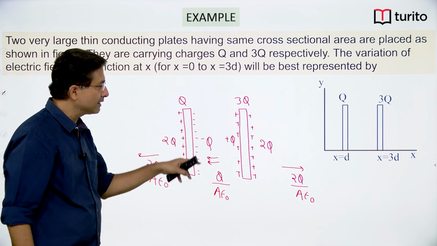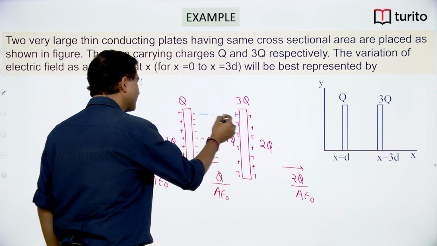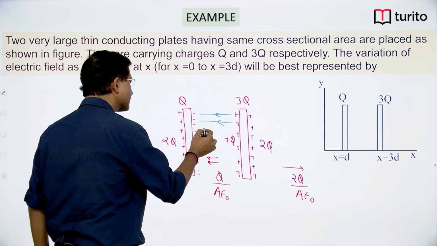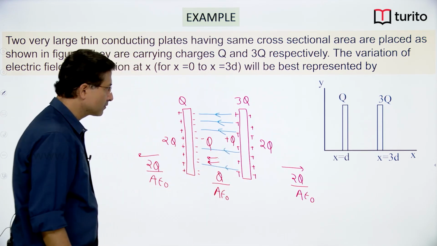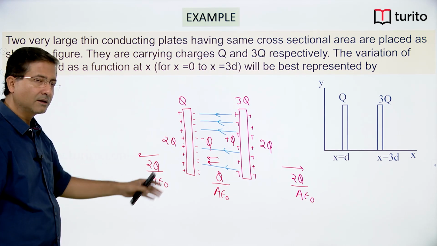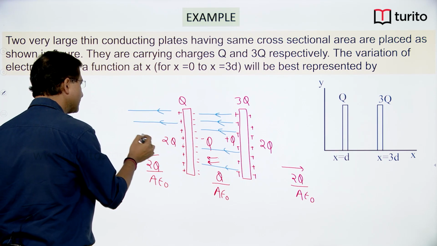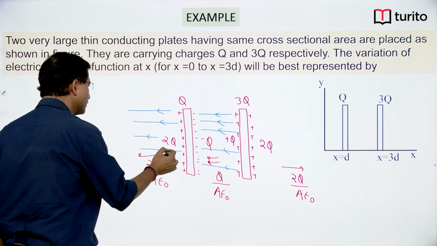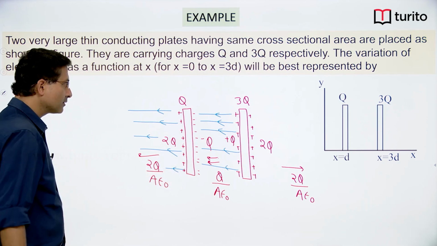So as we have negative charge this side and positive charge this side, field lines start from positive charge and terminate at negative charge. Field lines in this region will be like this. Look at this side, the field lines will be starting from positive charge and terminate at negative charge, and in this case it will go till infinity this way.